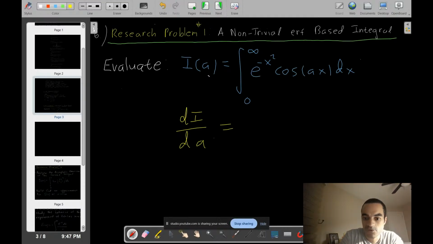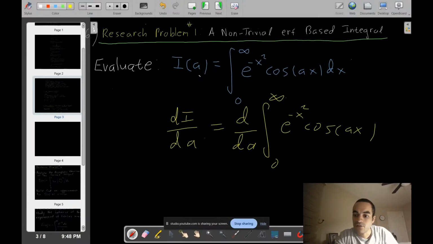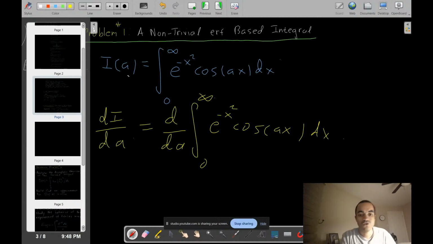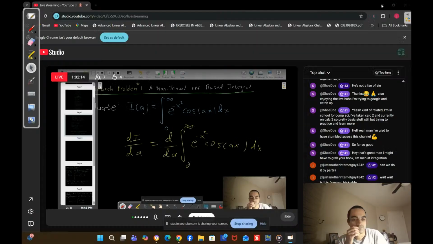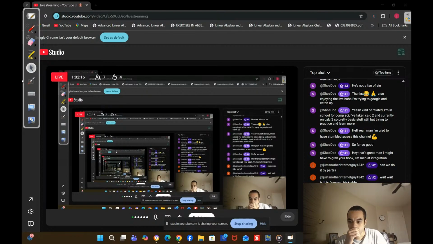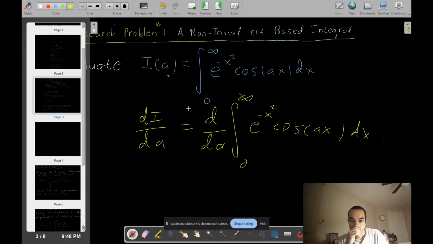I'm just differentiating both sides, d by da, and I integrate from 0 to infinity, an improper integral of e to the negative x squared cosine ax dx. So once you have your parameter a there, you just differentiate with respect to the parameter on both sides. Hope that makes sense. Right, so now we have that.